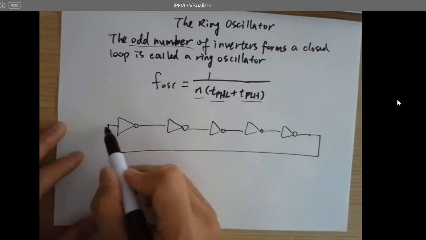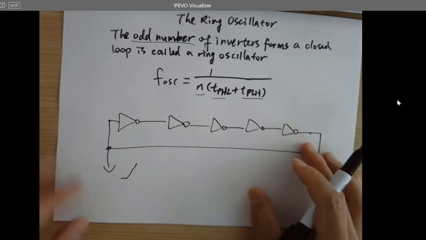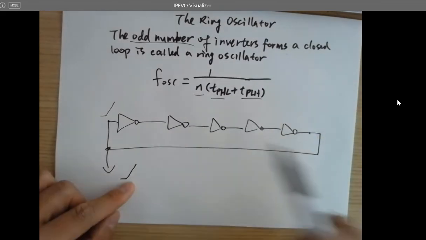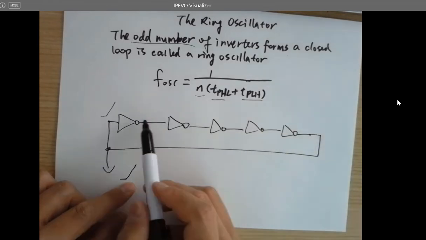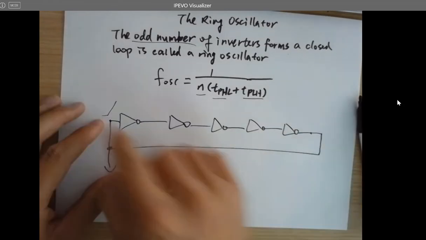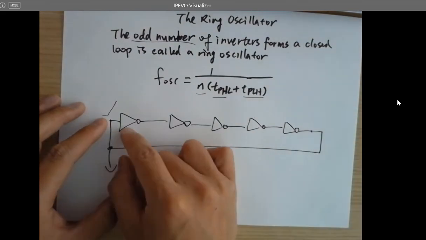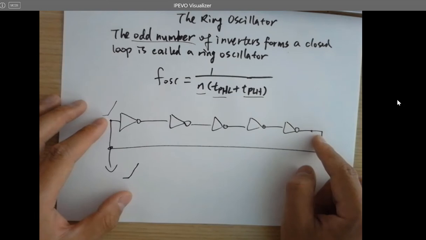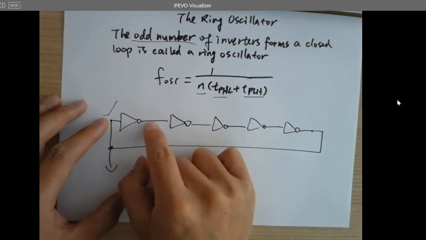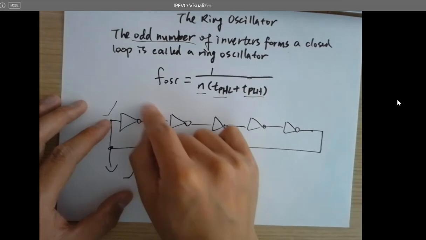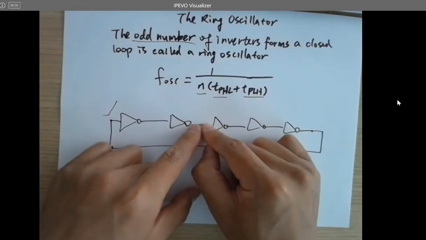So for example, at this point, it's rising. Whenever this is trying to jump to the VDD, what's going to happen for all these inverters? Whenever this is happening, it's combinational logic, so it's not being clocked. It's going to be transmitted to all these following stages. So it takes time for this pin to fall, and then takes time for this pin to rise.